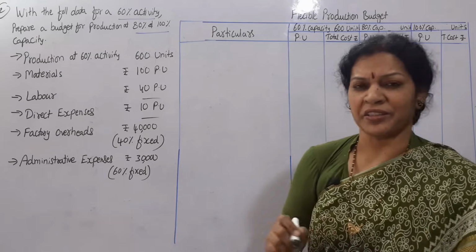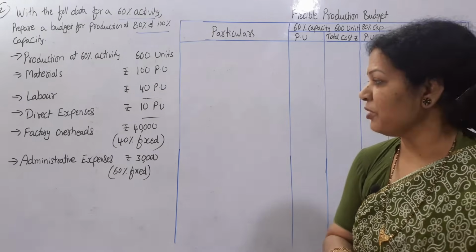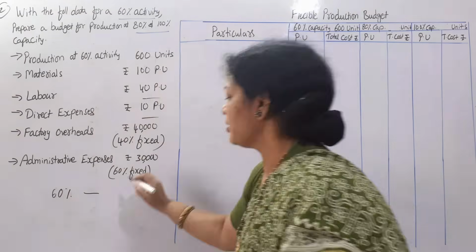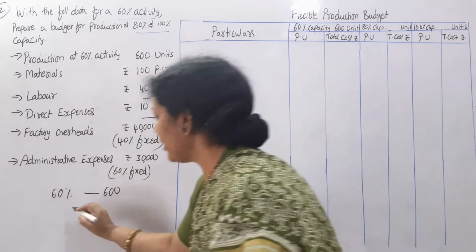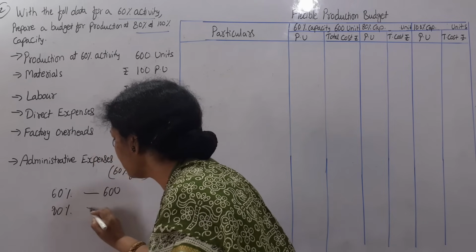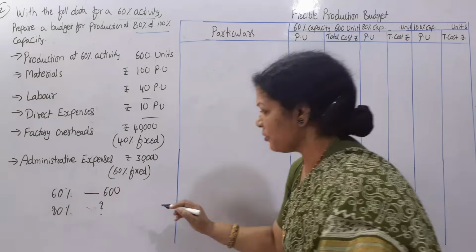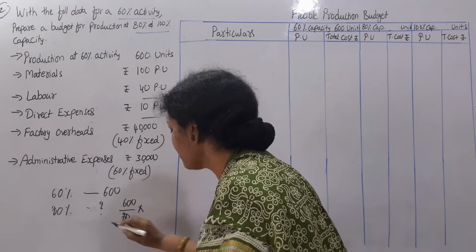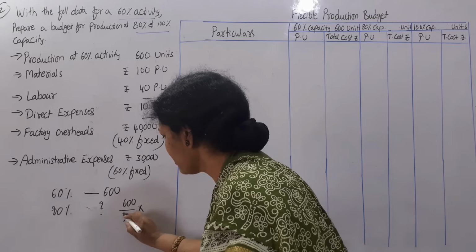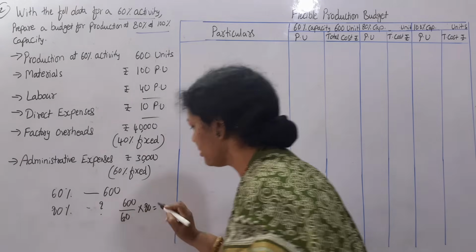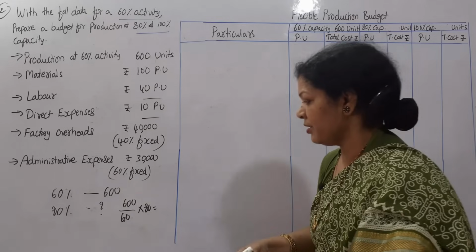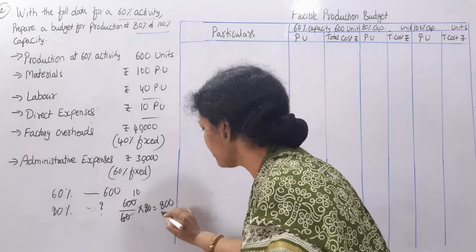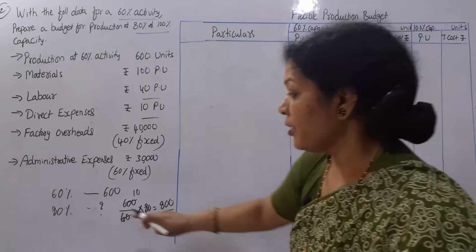A simple calculation, which I think we have done in school life. For 60%, there are 600 units. For 80%, how much? The calculation will be 600 by 60 into 80. 600 by 60 is 10, and 10 into 80 is 800. So 800 units for 80%.